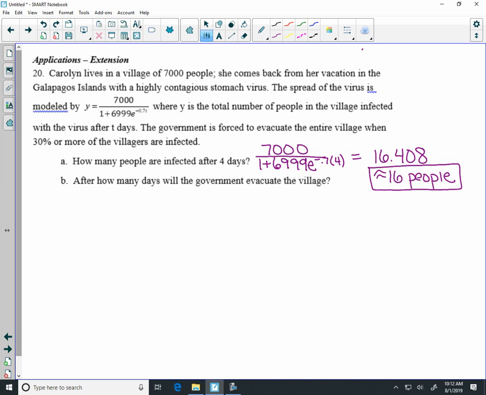So before we figure out how many days that's going to take, we need to figure out what 30% of 7,000 is. Our first step for part B is to do 30% of 7,000, and that gives us 2,100. So when 2,100 people are sick, we're going to evacuate.